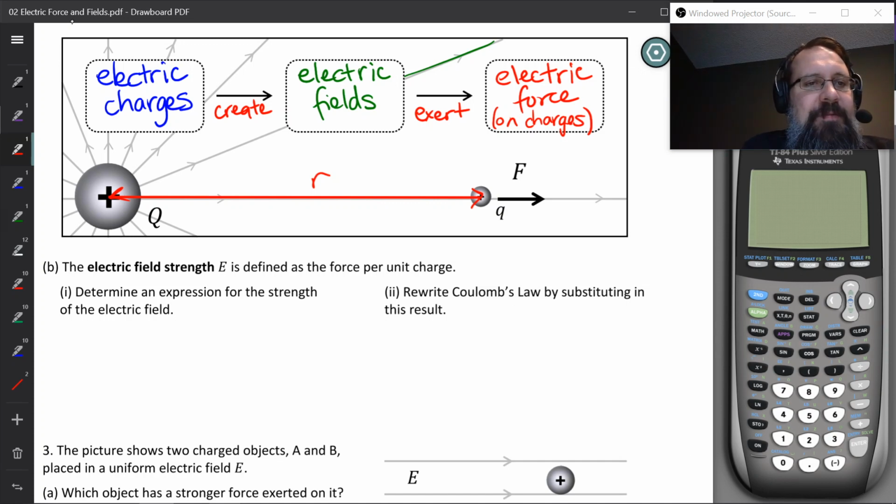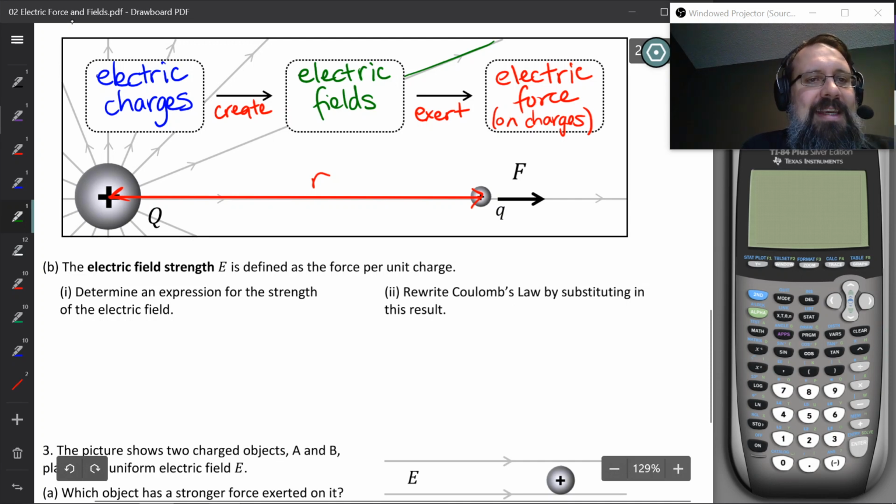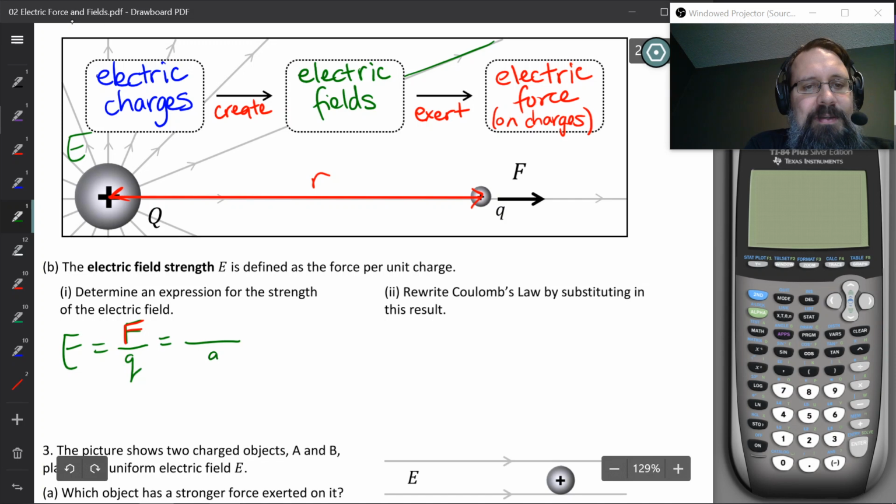Okay, so the electric field is this idea. E is the symbol for the electric field. The electric field is defined as the force per unit of charge. Well, here's the thing. We already know what the force is. The force between these two charges is going to be Coulomb's law. It's going to be K, big Q, little q, over r squared.